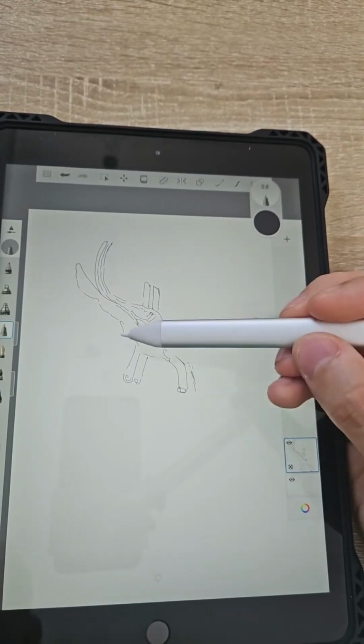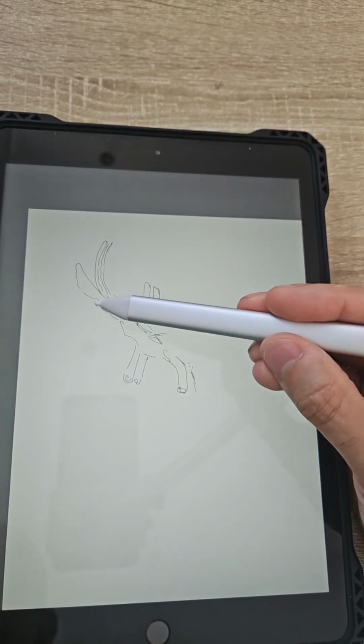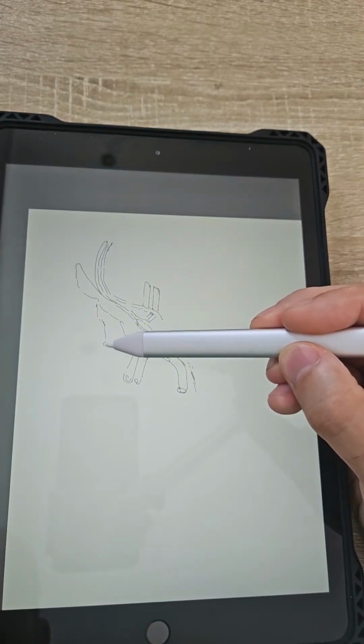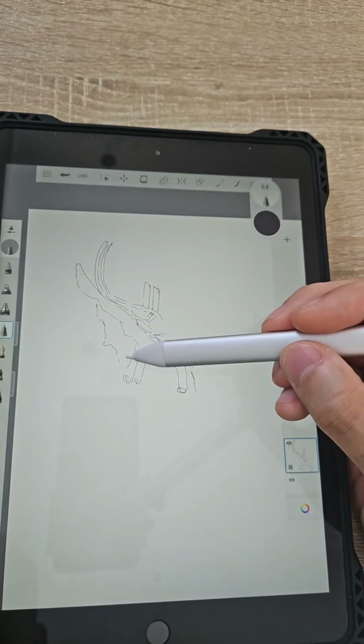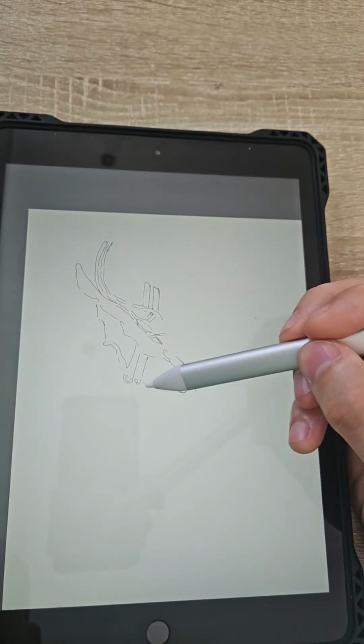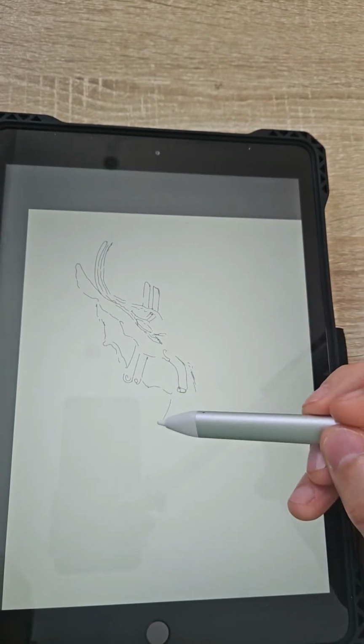Okay, I will explain later what I'm actually drawing here. But here you will see a representation of the hip. So this is basically the hip bone.